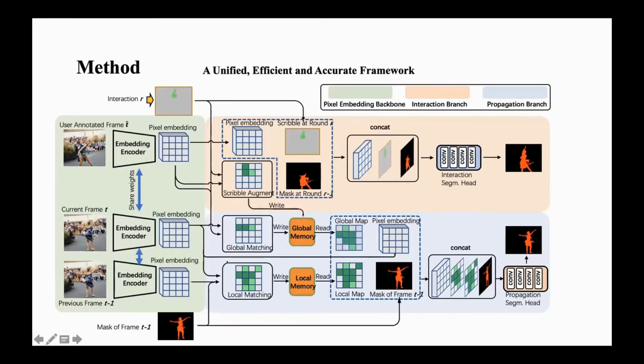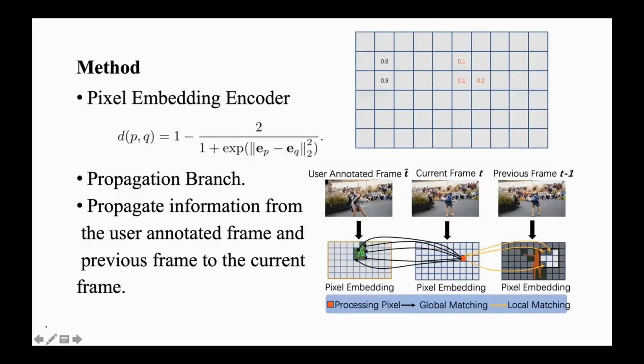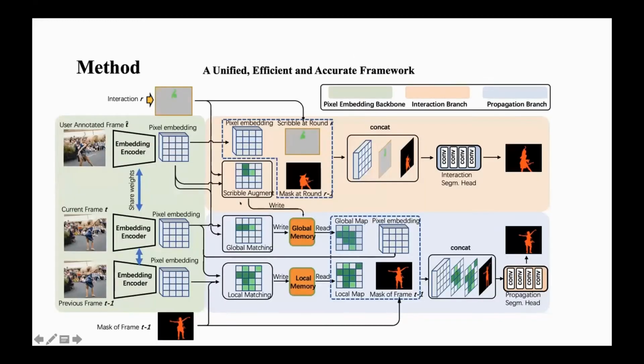We use two matching maps, global matching maps and local distance matching maps, to propagate the information, and we use 2 memory modules to aggregate the local map and global map from the previous interaction rounds.